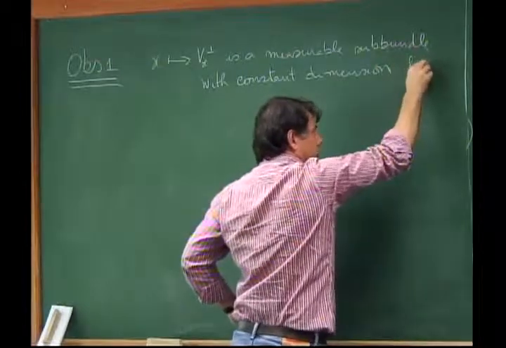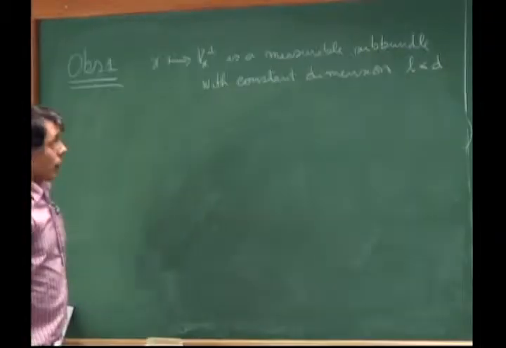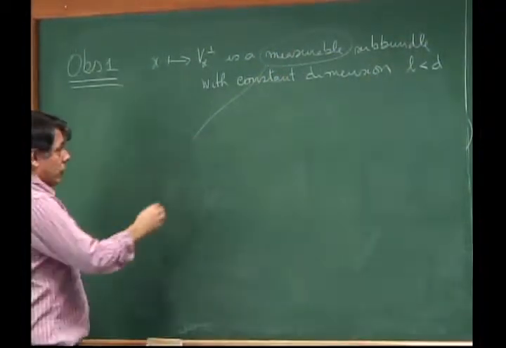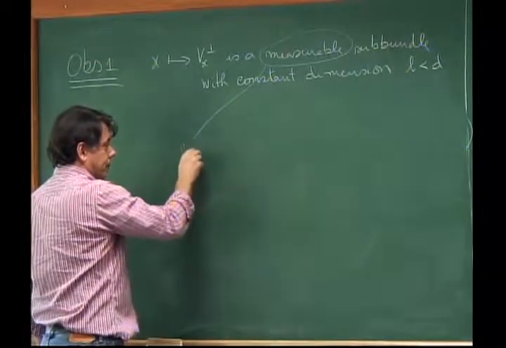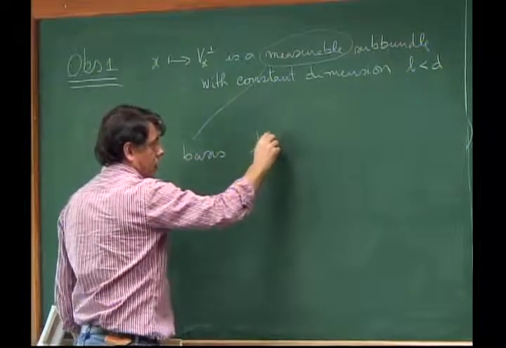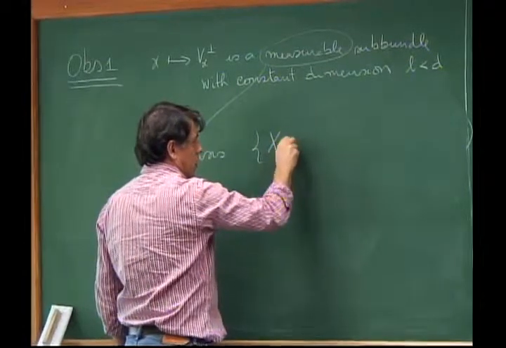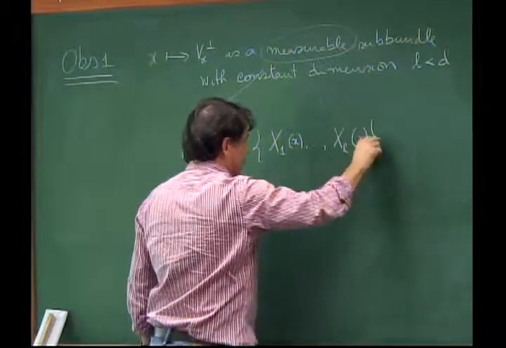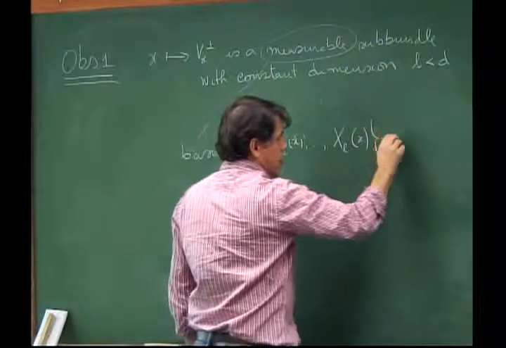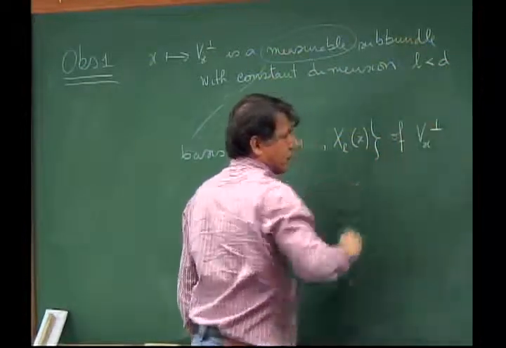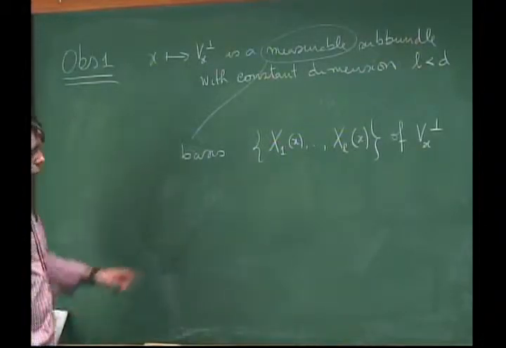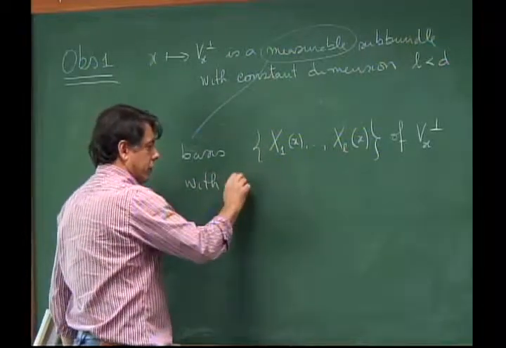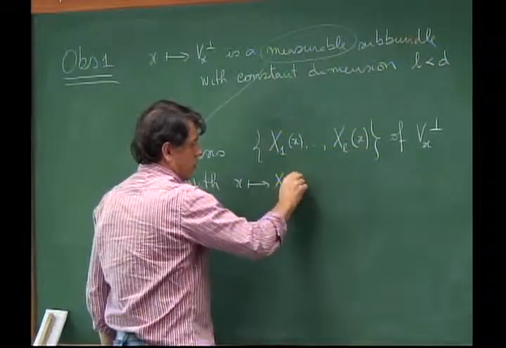L, smaller than D. Measurable means that we can find a basis x1, ..., xl of d of x, a basis of Vx orthogonal, where all these functions are measurable vector fields.